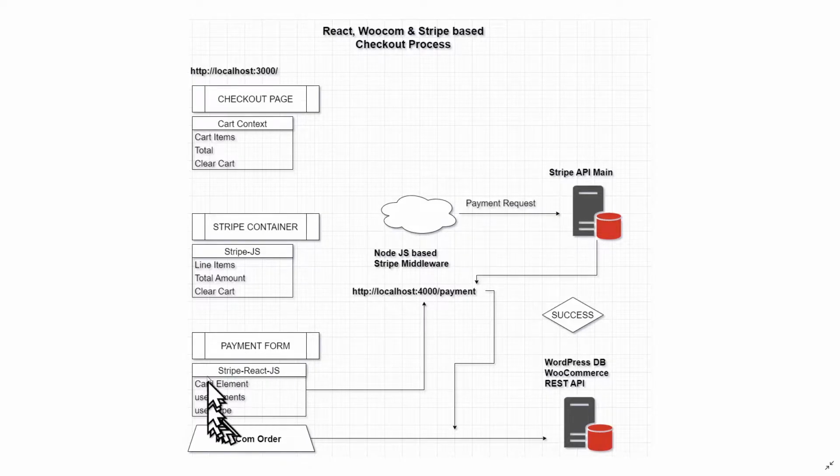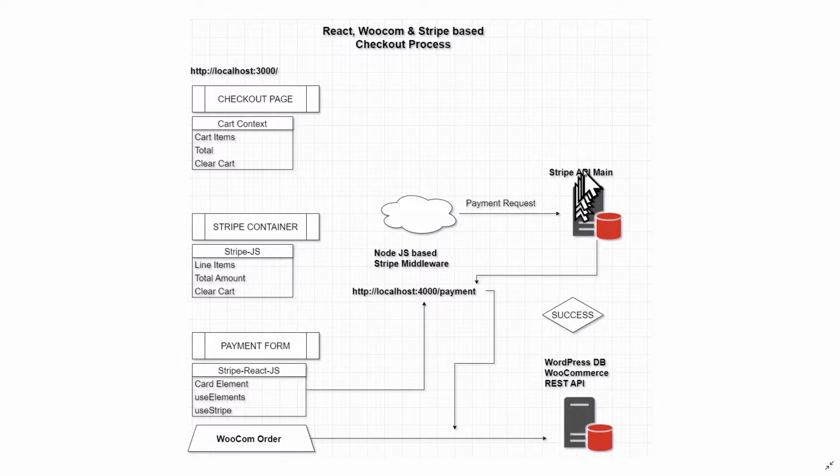So after processing this data and building this form, once we submit this form, it's going to get some data according to Stripe API and send it to this middleware, specifically this payment endpoint. And once this middleware gets the data, it's going to do some more processing and send the data straight to the main Stripe API.